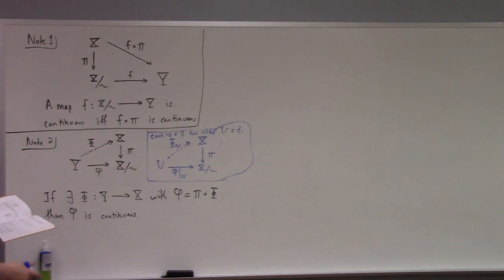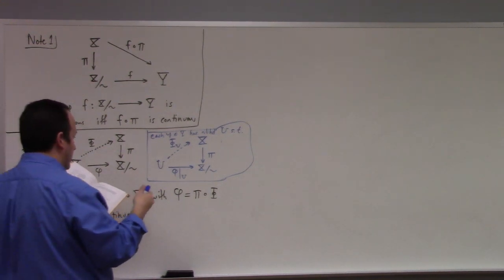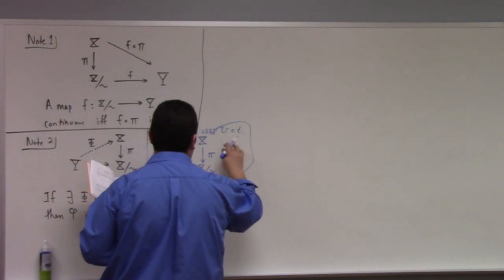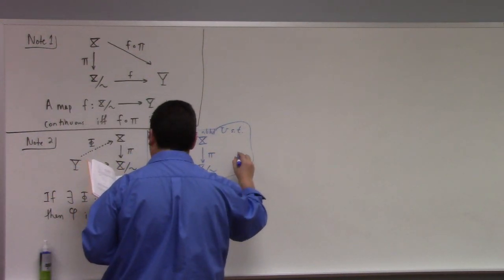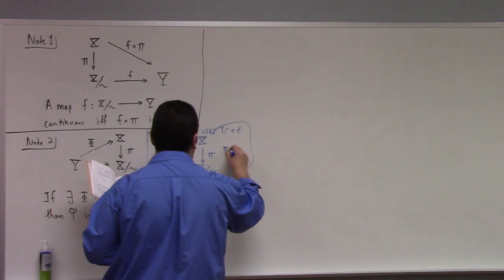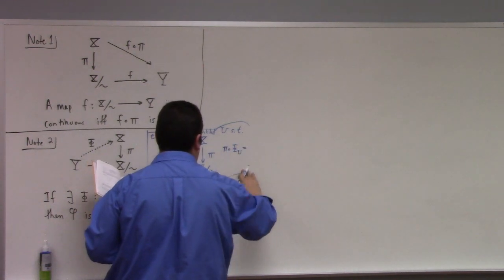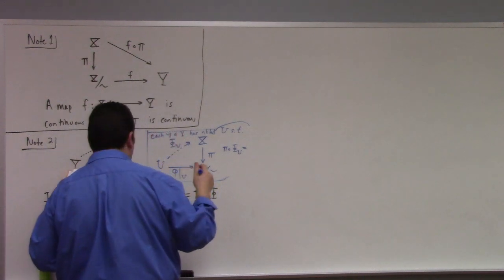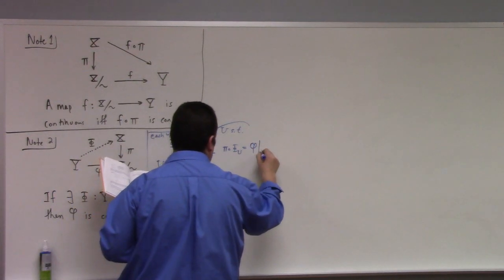If I have what's in the blue box, if at each point in Y I can find a local big phi U such that it composes with, sorry, I forgot to write my composition condition, pi composed with big phi U equals what? Phi restricted to U. Yeah.